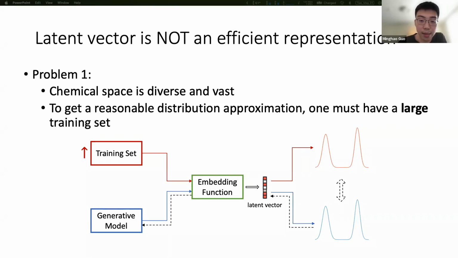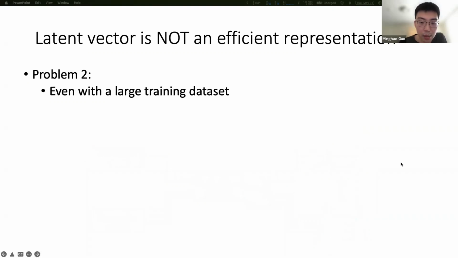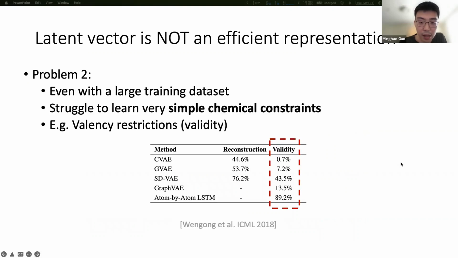The more training samples we are given, the smoother and more accurate this distribution is. On the other hand, even if we provide a really large training data set, many deep learning methods still struggle to learn very simple chemical constraints, such as the valency restrictions. As shown in the very famous junction tree variational autoencoder paper for molecular generation, many existing methods cannot achieve 100% validity.